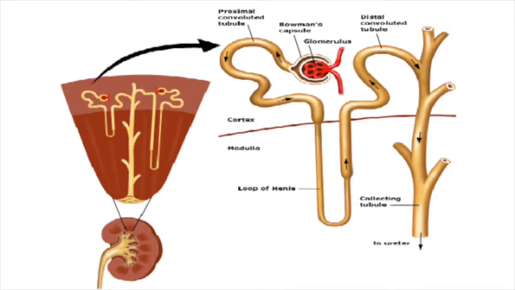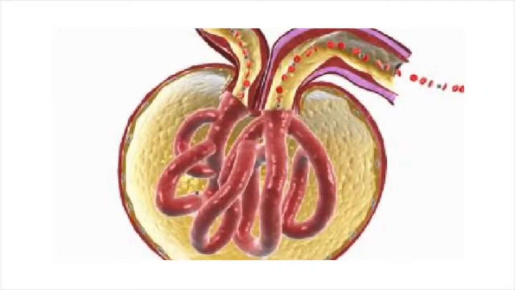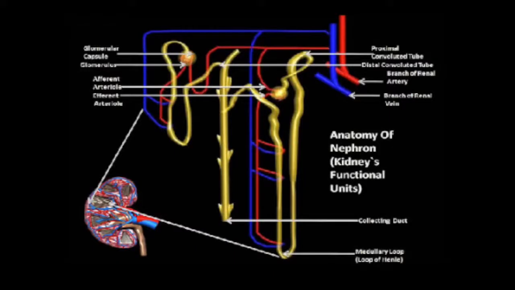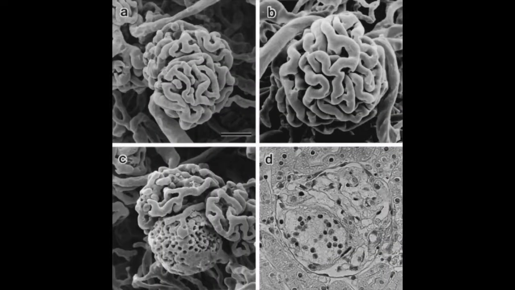Each nephron contains a glomerulus, which is a tuft of capillaries through which large amounts of fluid are filtered from the blood, and long tubules, in which the filtered fluid is converted into urine on its way to the pelvis of the kidneys. Any injury to the glomerulus, like diabetes mellitus, causes leakage of sugars and amino acids into the urine.